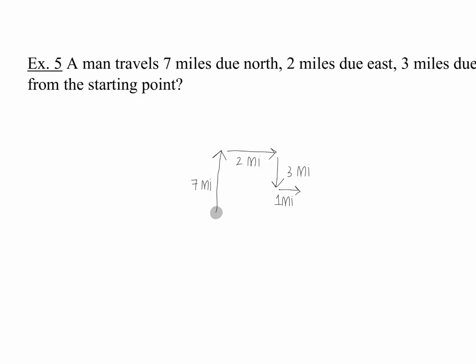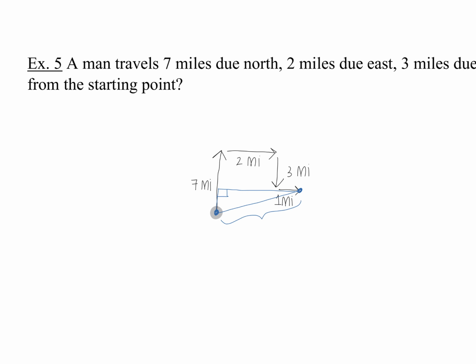So we are going to try and figure out from this point over here to where we end up, how far is he? And so we'll be able to create a right triangle using what I've come up with. To figure out my lengths, I'm going to use my Pythagorean theorem.